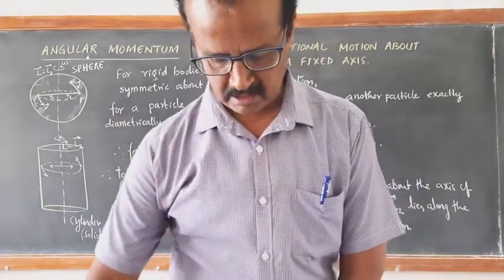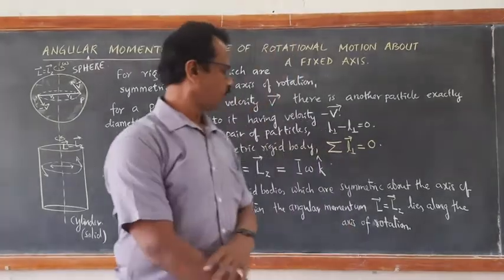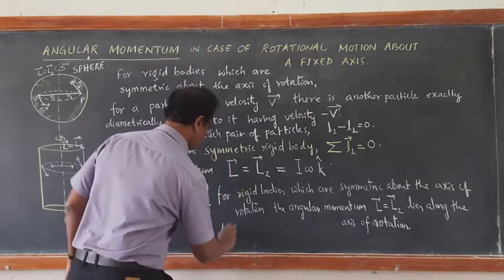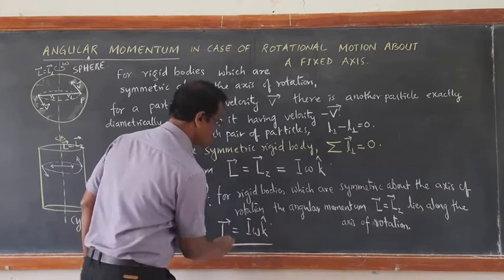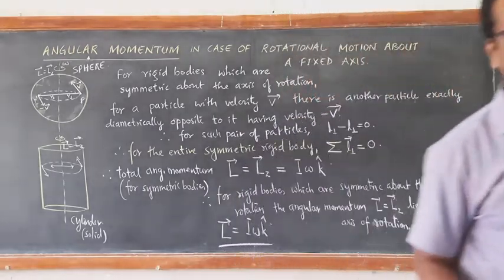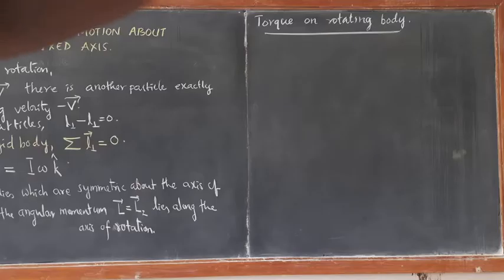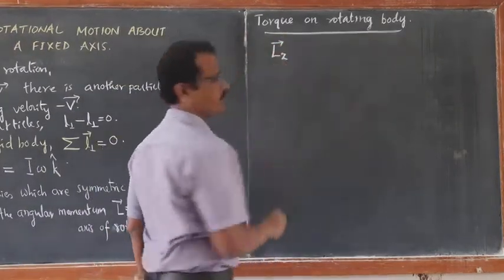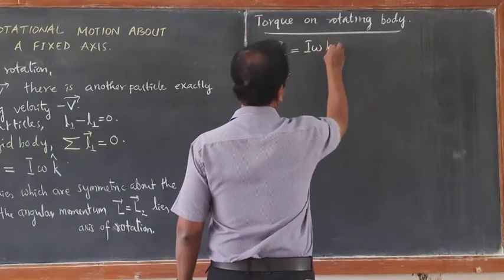And then we will now study the relation between torque and angular acceleration. So we got L is equal to Lz, that is I omega k. Using this we can find the relation between the angular momentum and the torque. We have Lz for a symmetric body rotating about the axis of rotation. Lz is equal to I omega k cap.